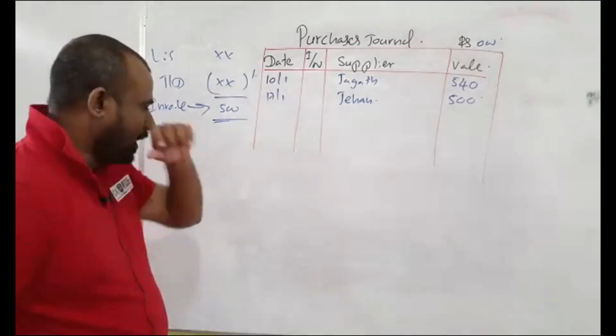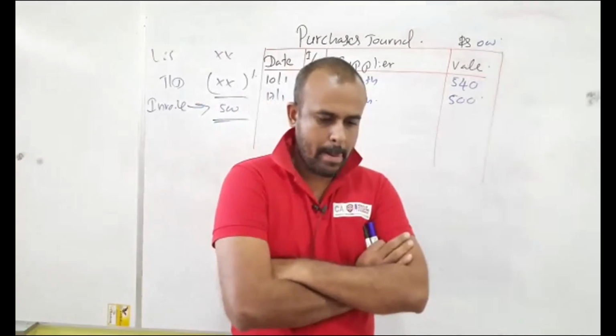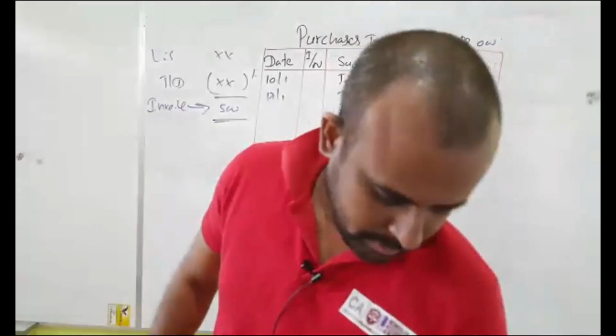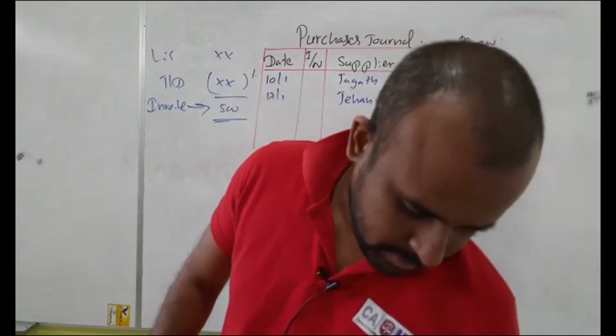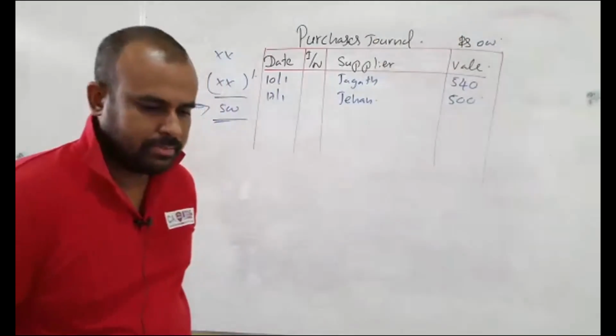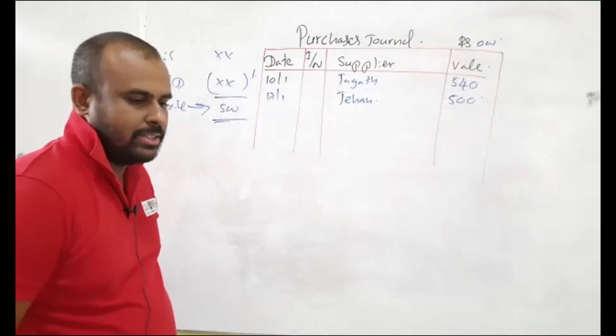Have a note. Invoice price is the price after deducting the trade discounts. Invoice price is the price after deducting the trade discount.